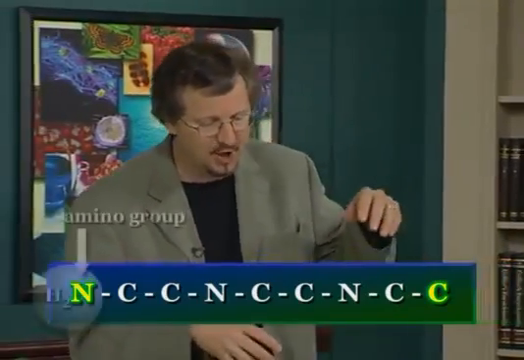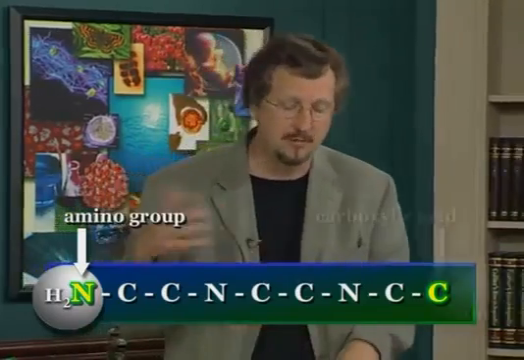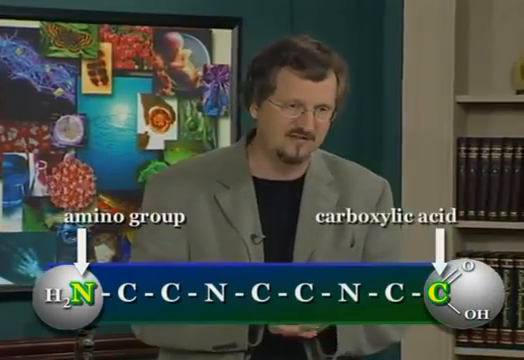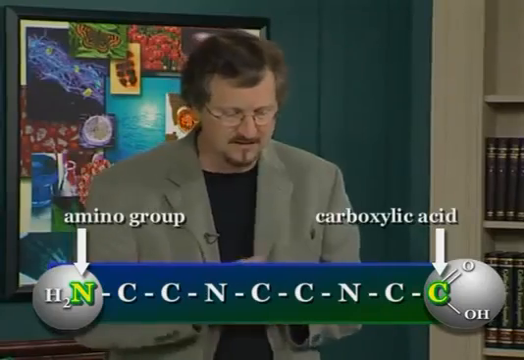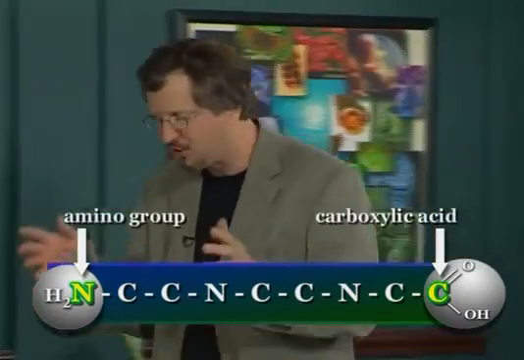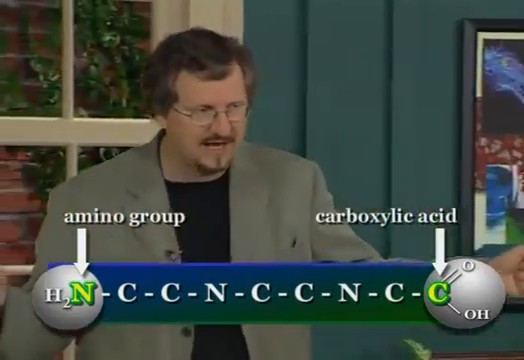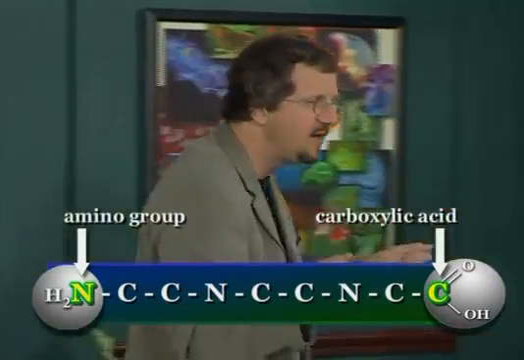I should have said that there's going to be an open amino group on one end and an open carboxylic acid on the other end. So an N on one end, a C on the other. So there's an inherent polarity to the string of amino acids. This polarity will become important later on when we learn how DNA can actually form a code for this string of amino acids, because it determines which direction the code has to run in.